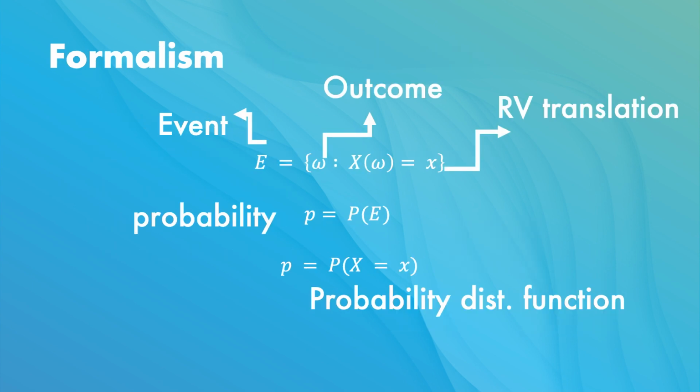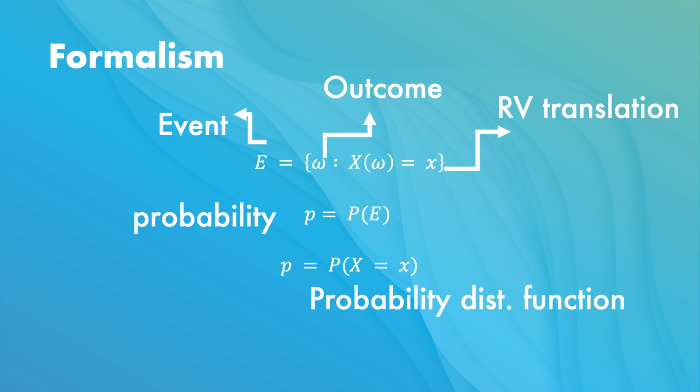So let us see things in formal terms. You can have an event, and an event is just a collection of outcomes, and you can say that the random variable applied to each outcome gives an x, a small x, which is the name, or as we might call it, the translation of the outcome, but it represents the outcome. So there is always this one-to-one connection.